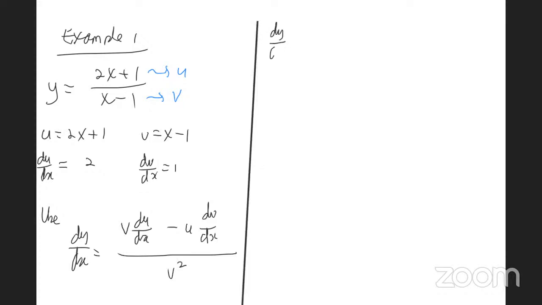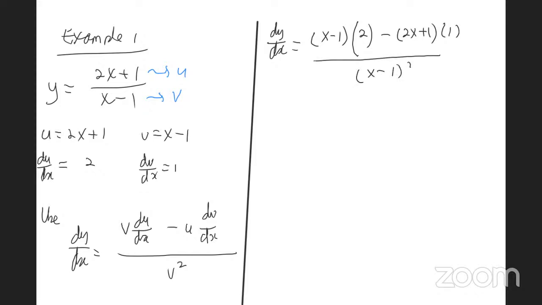So you'll get dy dx is equal to, I'm going to substitute v. v is x minus 1. du dx is 2 minus u, which is 2x plus 1 by dv dx is 1, all over v squared. Right? You can't leave it like that. You have to multiply and simplify the numerator, right?